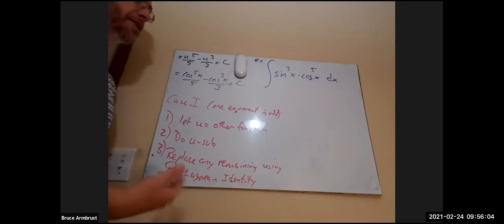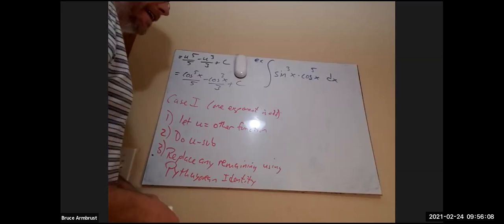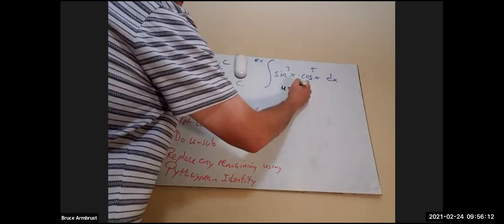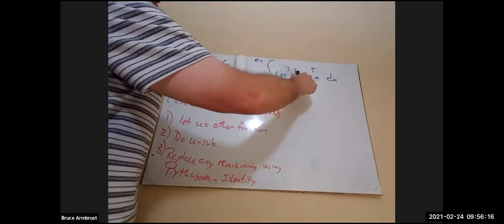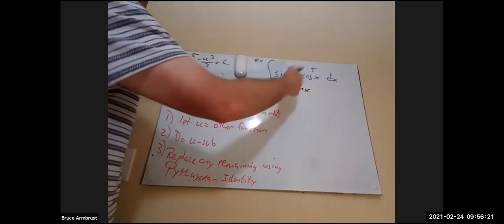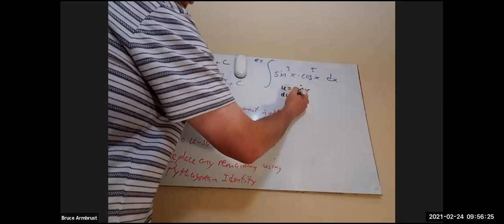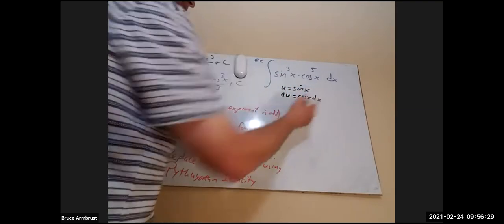So I'm going to let u be sine of x, just because I need to have something, and I'll show you how this plays out. So let's let u equal sine of x, because if we think that cosine is the one that's odd, then sine's the other one. So u is sine, sorry, then du is cosine of x dx.